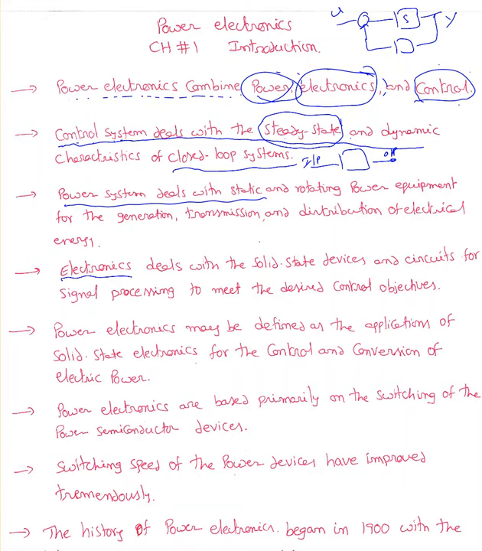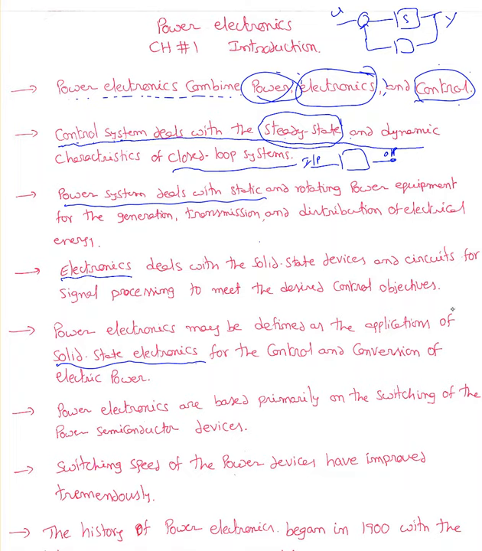So power electronics may be defined as the application of solid state electronics. The solid state electronics are nothing but semiconducting material. So we make the diode by using semiconducting material, transistors, MOSFETs, IGBTs. Those are all the electronic components. Okay, so solid state electronics for the control and conversion of the electric power.